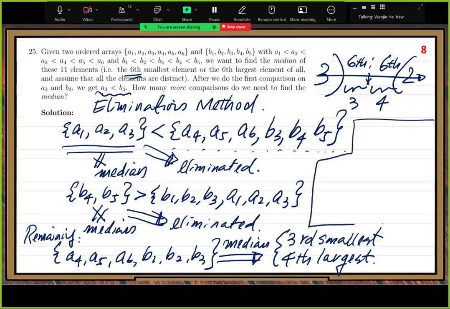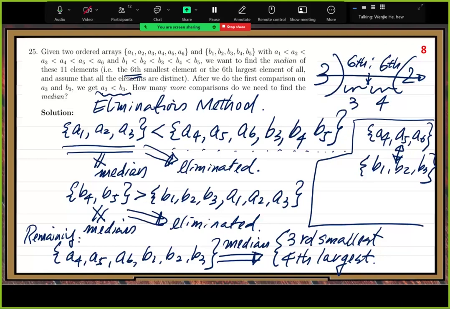So the first comparison, because this time you have 2 ordered arrays, A4, A5, A6 and B1, B2, B3, compare the elements in the middle. Take the element in the middle of the first ordered array and the element in the middle of the second ordered array. That's your first comparison.